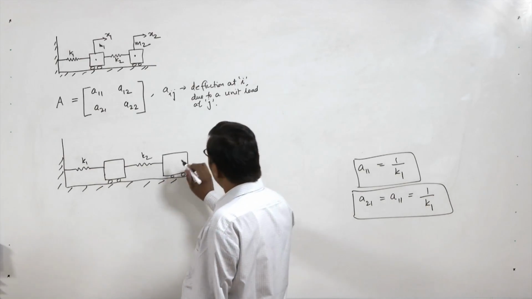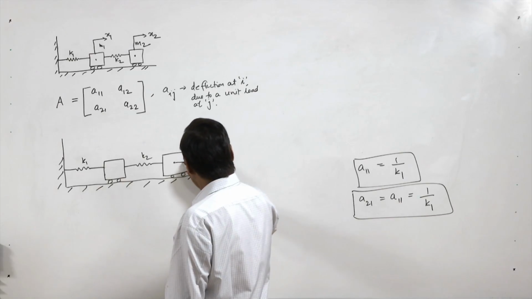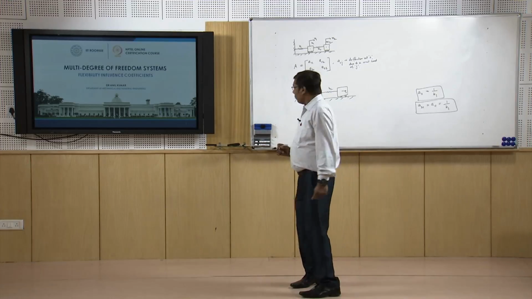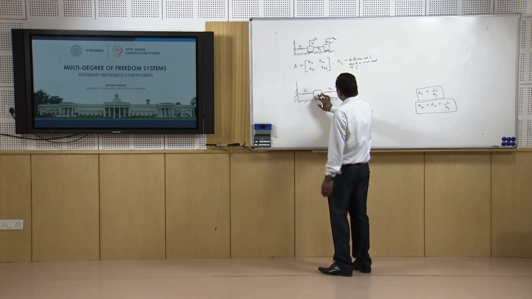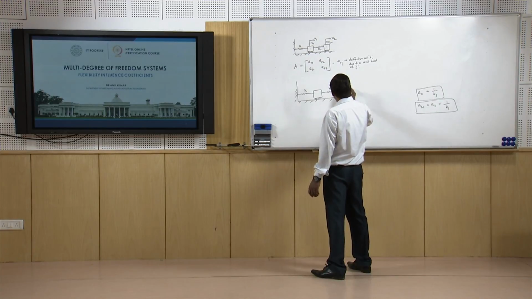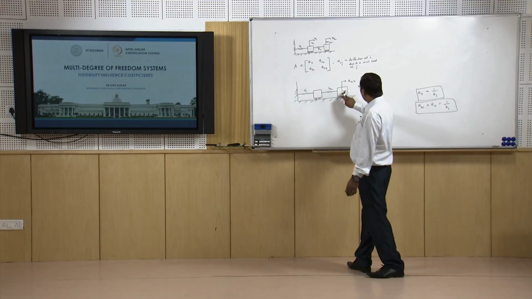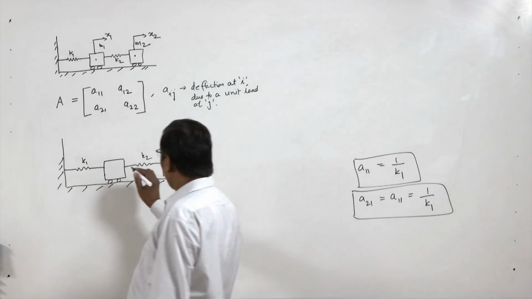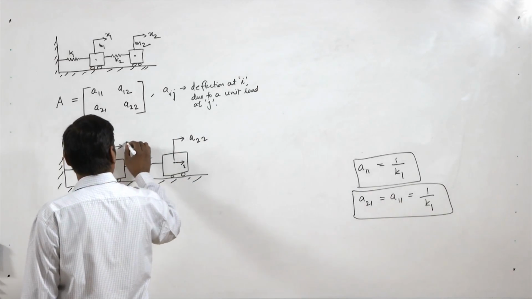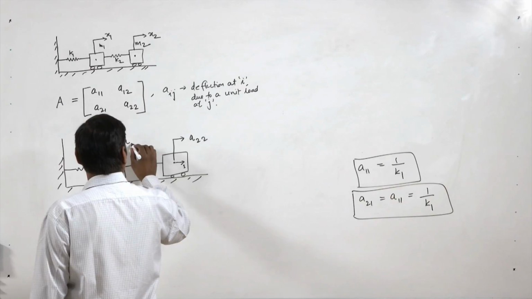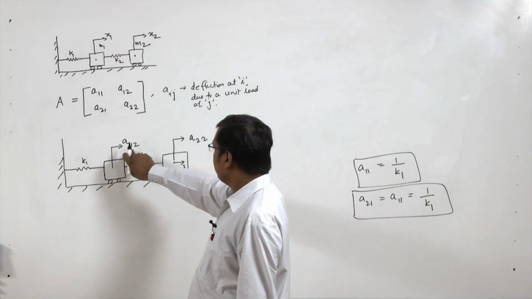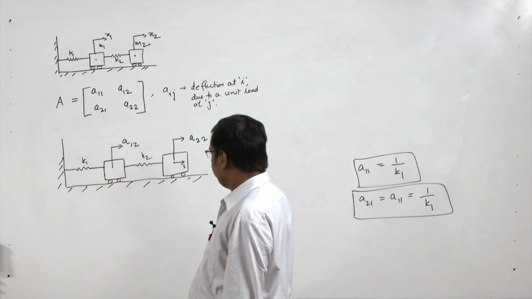Now in this case we are applying a unit load here, and we measure the deflection at other places. So the deflection at this place will be A22, meaning we are applying a load at mass 2 and measuring deflection at 2, and this one will be A12. So we are applying a unit load at 2 and measuring the deflection at 1.